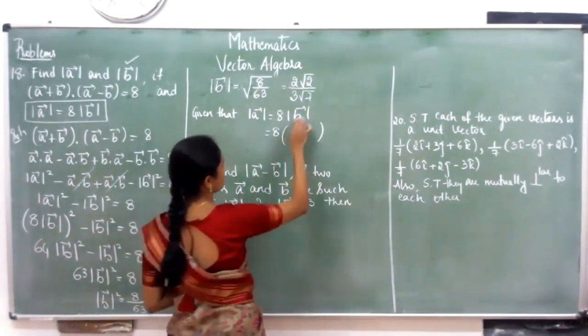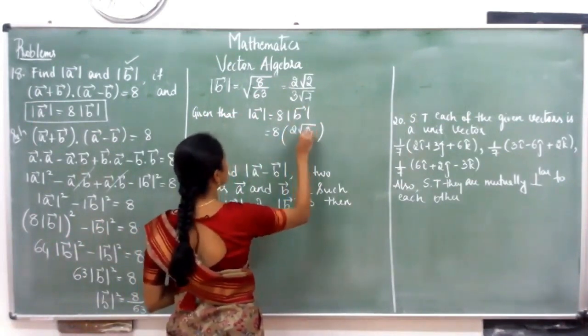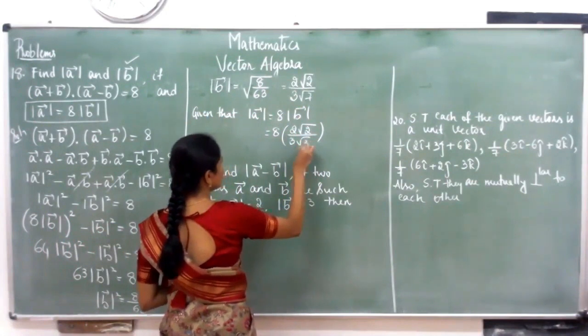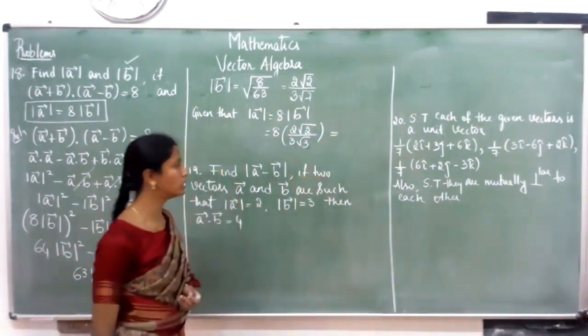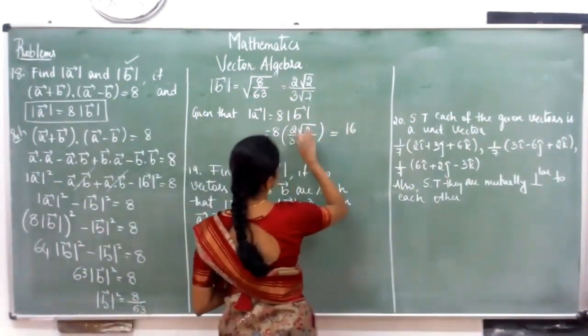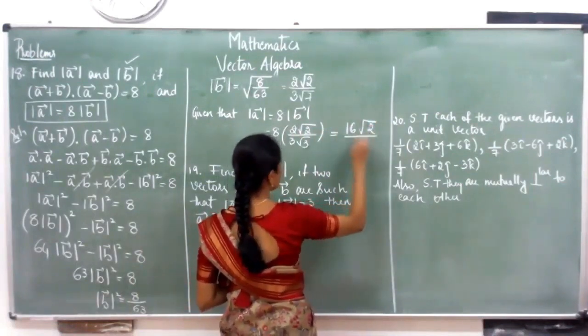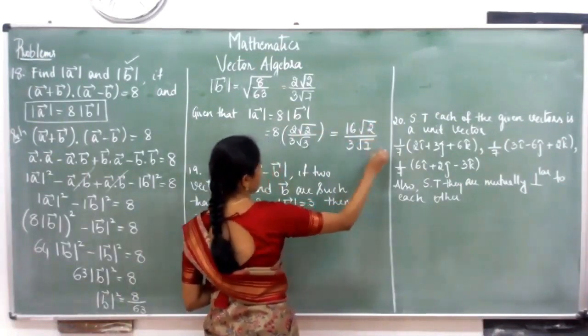So 8 times magnitude of vector B is given by 2 root 2 divided by 3 root 7, which is now equal to 8 into 2 root 2 divided by 3 root 7, that is 16 root 2 divided by 3 root 7.